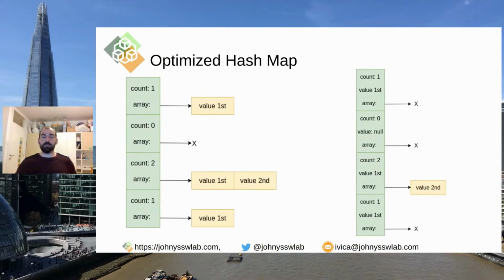So optimizing in this way is actually fine, and as you can see here, this is the approach that we take. Then when you access the bucket itself, you read this count member, but you also get the object itself for free because it gets loaded as part of the same cache line.